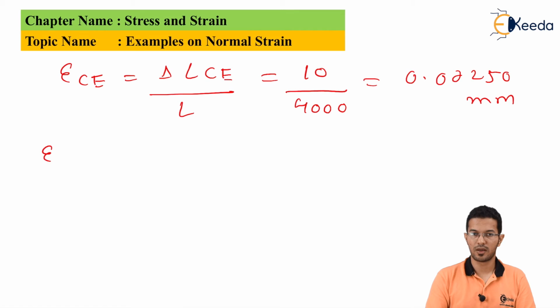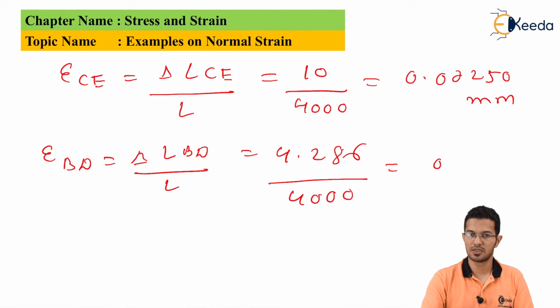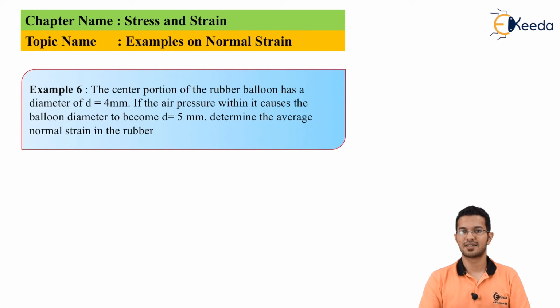Similarly, for epsilon BD, we get delta L BD the whole upon L, which is equal to 4.286 the whole upon 4000, which gives us the answer as 0.00107 millimeters.